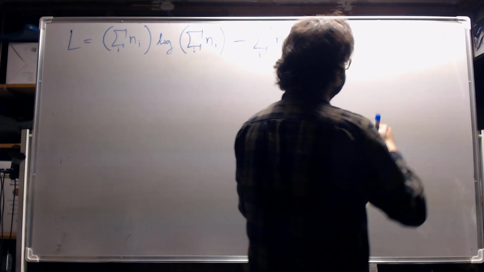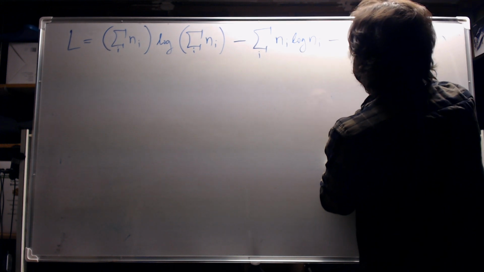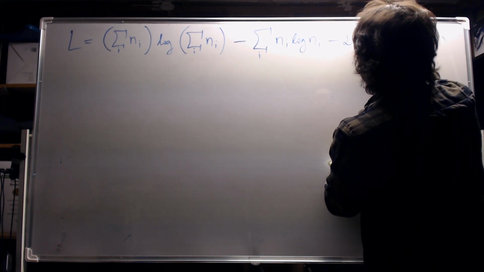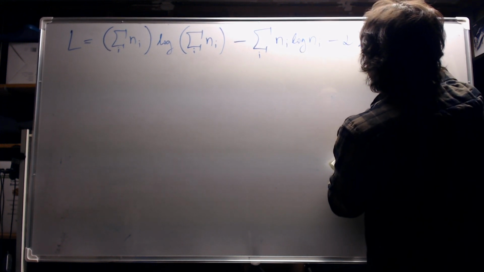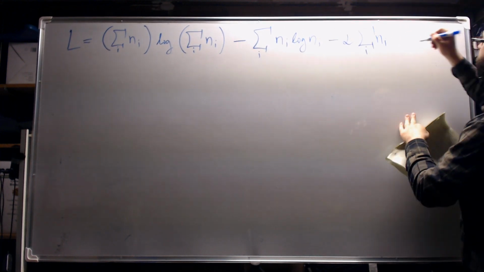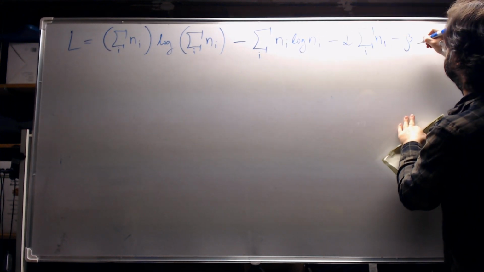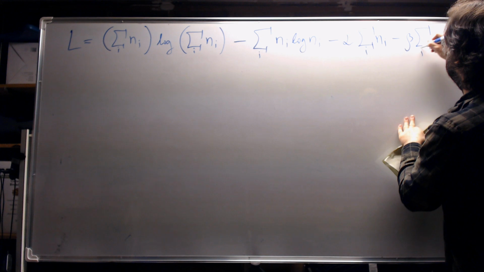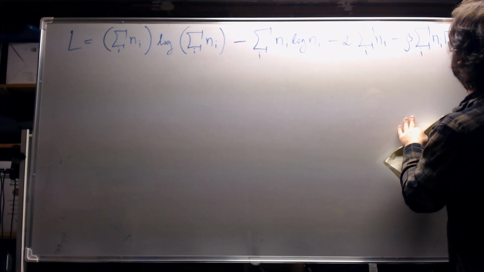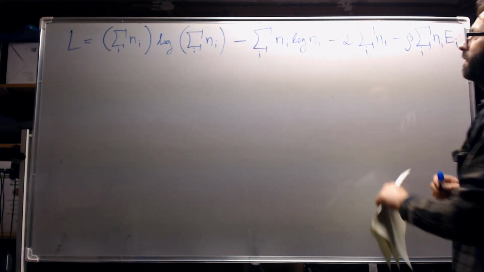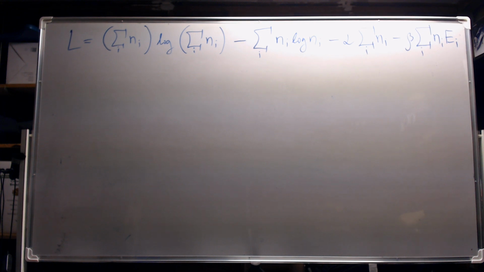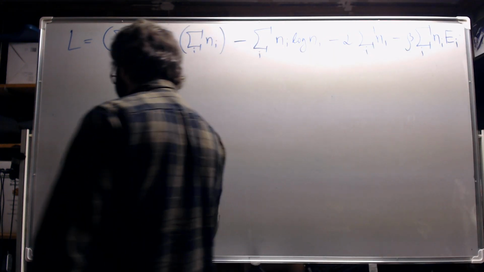Now minus the two constraints. Minus alpha sum on i, ni, minus beta sum on i, ni e sub i. That's the function that we must now take a derivative with respect to.